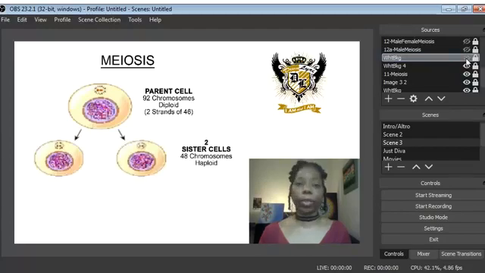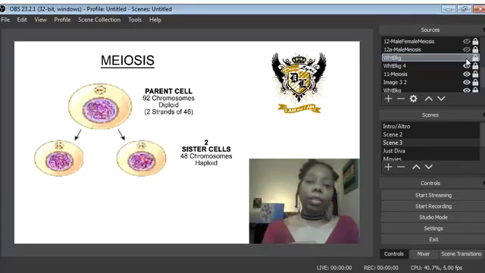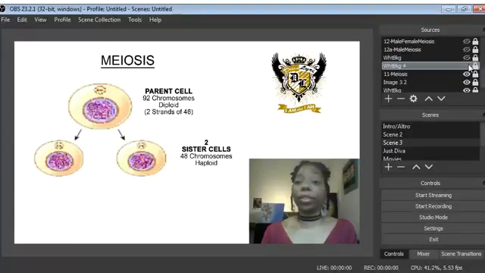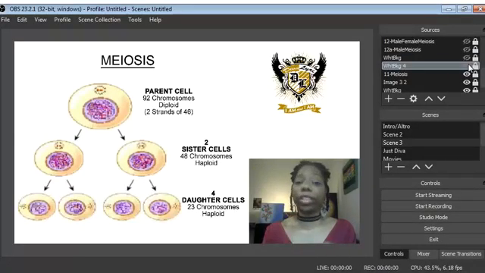chromosomes, which is huge. Now, those parent cells are going to break down into 2 sister cells. Look, it breaks down into 2 sister cells. All right, once it's done that, those 2 sister cells are going to break down into 2 more daughter cells each. So there's going to be 4 daughter cells.